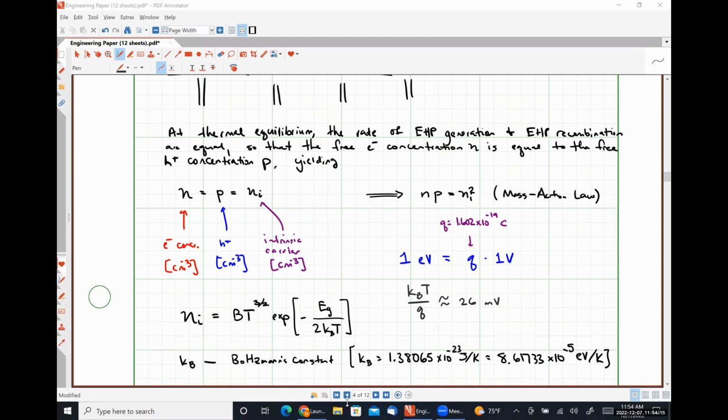So if I ever make you calculate an intrinsic carrier concentration, I'm going to give you B, and it's going to have really weird units that is all of that physics bundled together in a nice, neat little package for you to apply, instead of making you look up 10 things in tables to get the exact same number. Okay, so anyway.